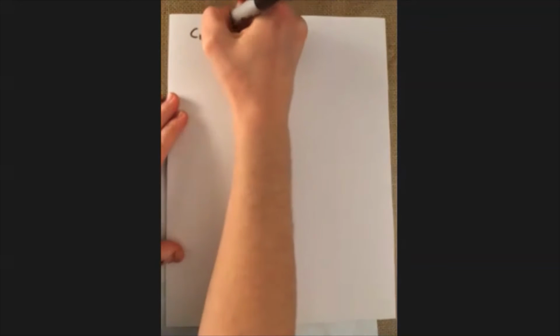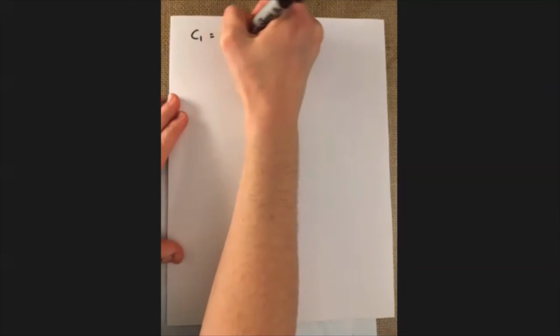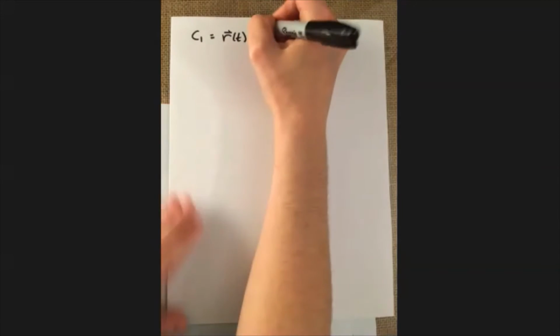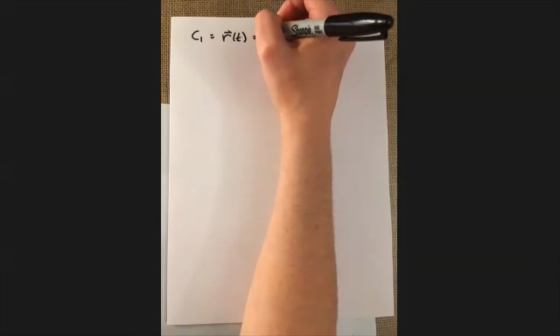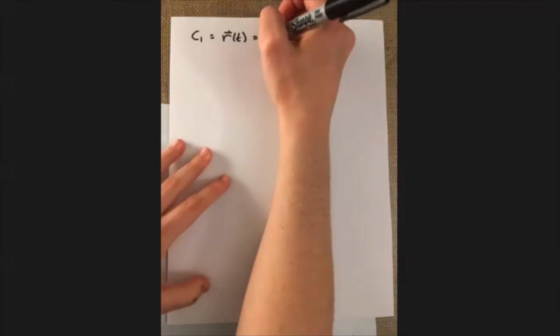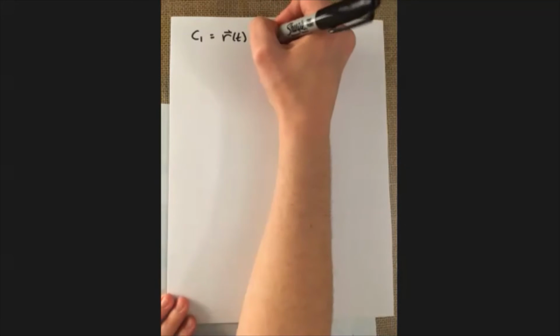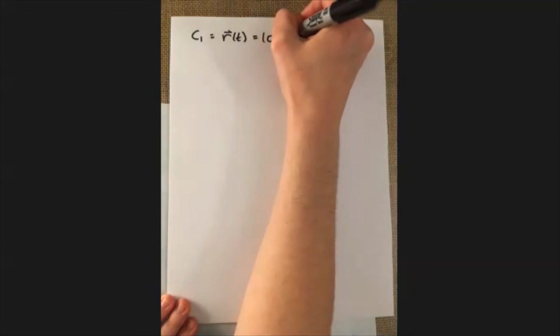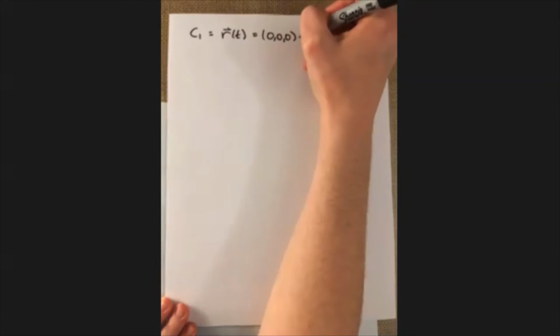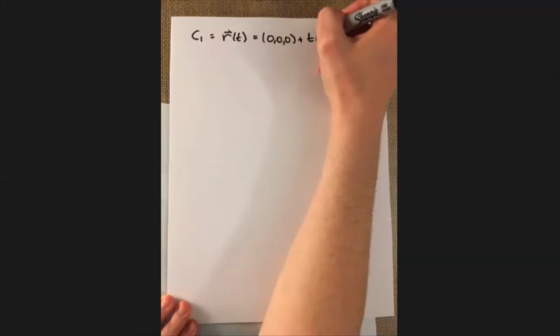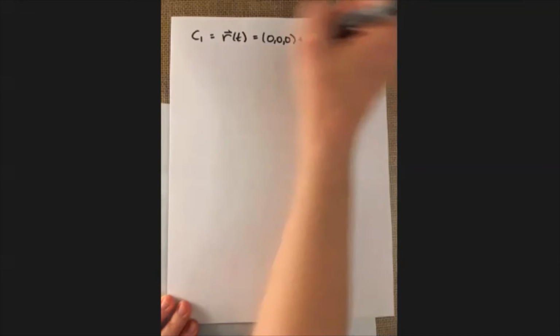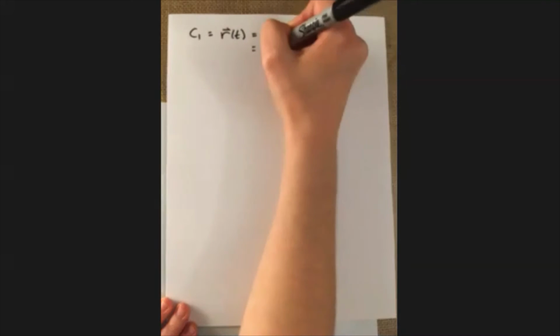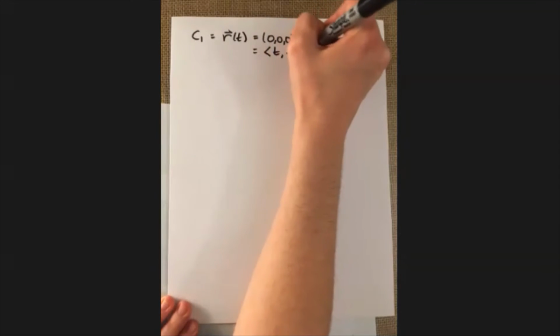So first we have to parameterize them all. C1 is equal to r of t, which is going to be the line segment that goes from (0, 0, 0) to (1, 1, 1). So what you get for that one is (0, 0, 0) plus t times (1, 1, 1), so this is just the vector (t, t, t).